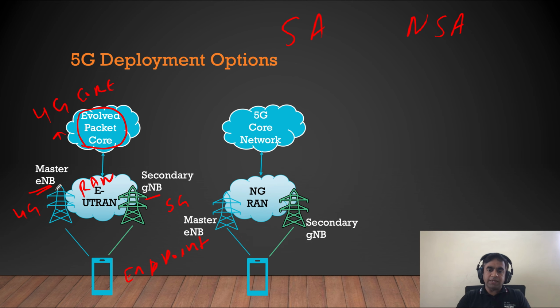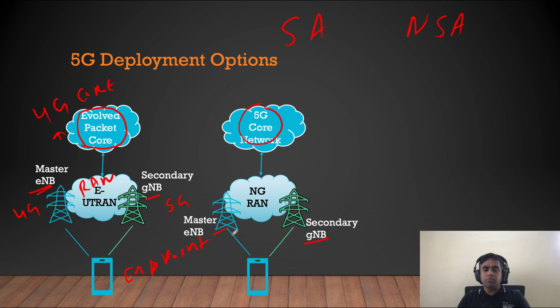There is another option that exists where you have migrated your core network, let's say to 5G. So this is your 5G core, but still your master is E node B. So your access is still E node B, and you have started introducing the G node Bs into the network.